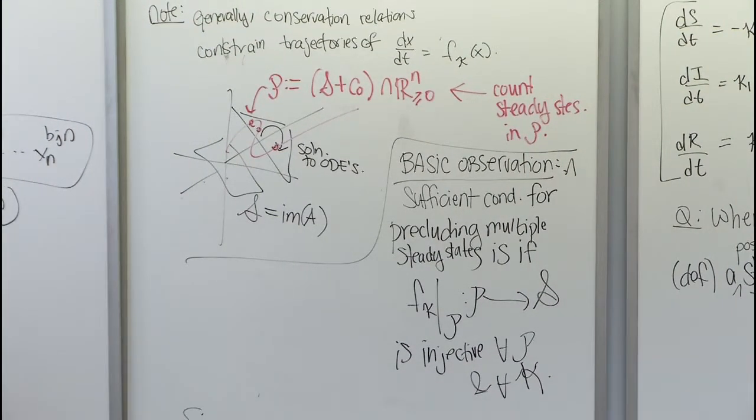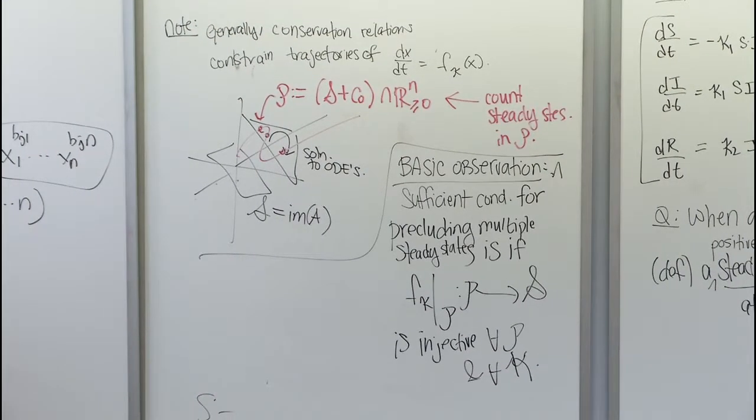So again, this is a very basic idea. I want to say, when is it that for any choice of my rate constants, I never have two or more points within some invariant set P that go to 0? Well, a basic condition is if the map is always injective.